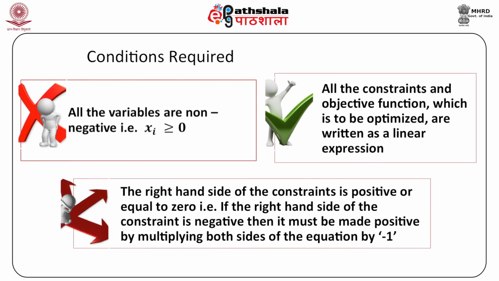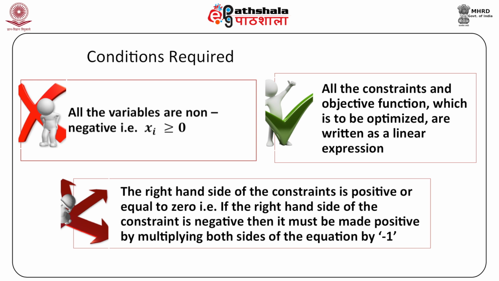The conditions required for a linear programming problem to be in standard form are: first, all the variables are non-negative, that is, the xi's are all greater than or equal to 0. All the constraints and the objective function, which is to be optimized, are written as linear expressions.